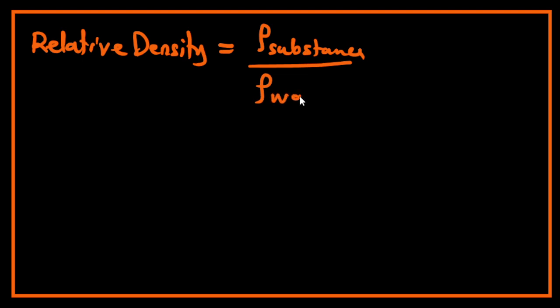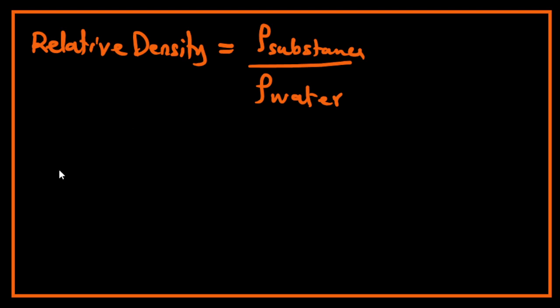Most time we reference water, because this is already a ratio of density to density. The units are going to cancel out, leaving the quantity relative density not to have what? A unit. The same thing with relative humidity.